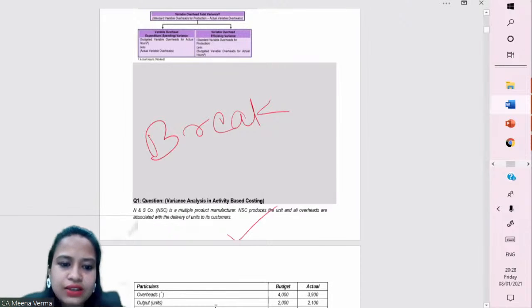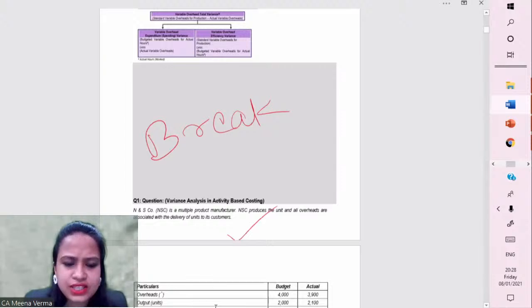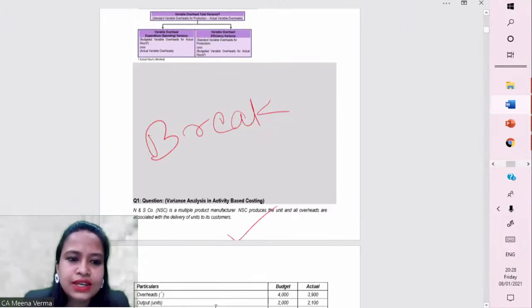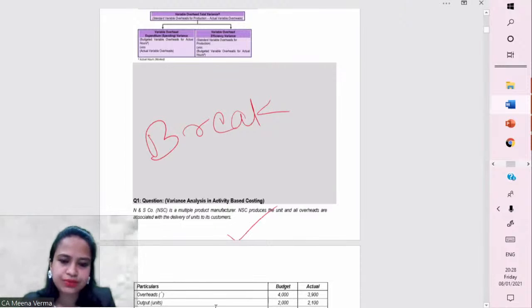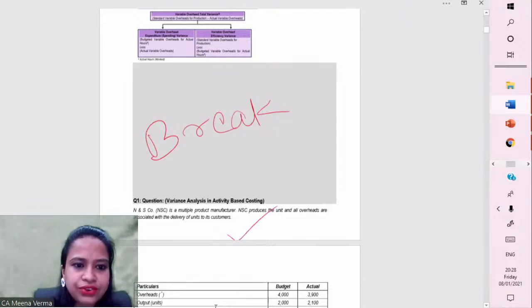Now let us take this question. It is a very simple question, but it is the base of long lengthy questions. We have a company, and it is a multi-product manufacturer.